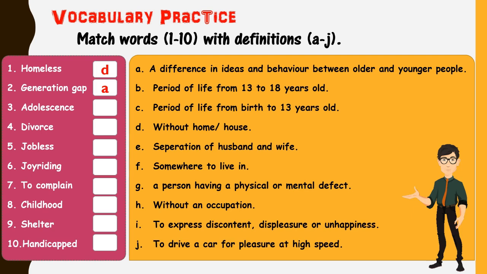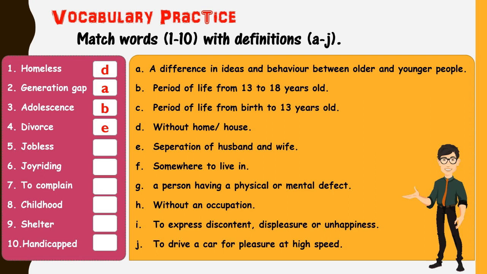That is referred to as generation gap. Number 3, adolescence, is matched with definition B. It is a period of life from 13 to 18 years old, more or less. These are not fixed numbers, of course, so they can be less or more sometimes.